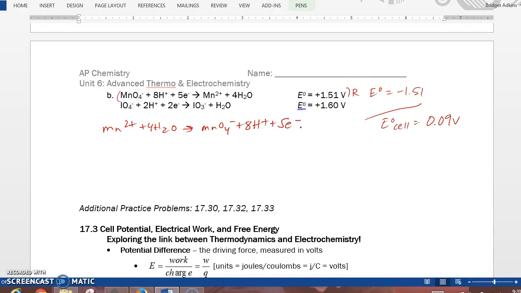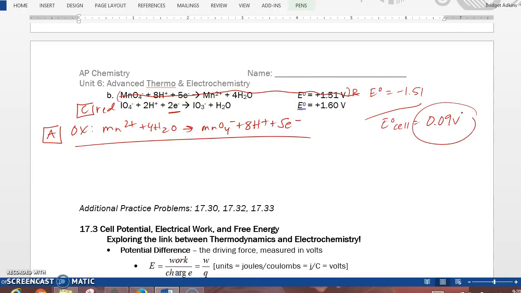So this is losing electrons, so this is being oxidized. That's our anode. And the IO4 minus is our reduction reaction because it's gaining electrons. So it's our reduction reaction, and that's our cathode. So if you sum those two reactions, you'll get the half reaction, and then you go ahead and you can sketch your cell.